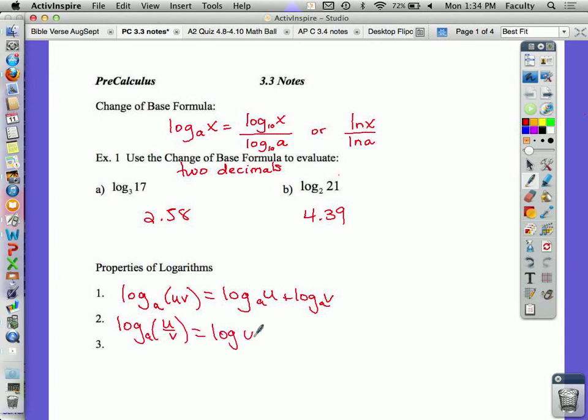So that's log u base a minus log v base a. That's called the quotient property. And then the third one is the power property that says if you have the log of u to the n base a, that equals n times log u base a.